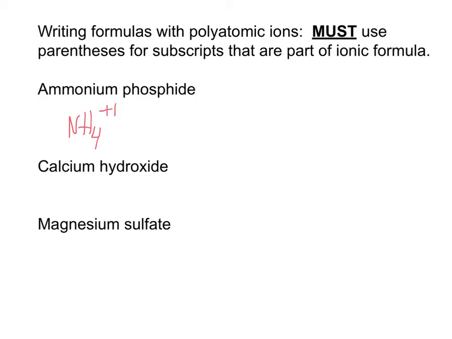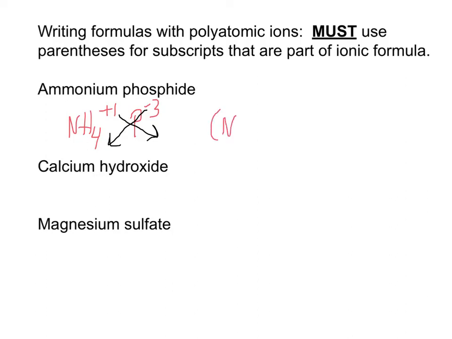And phosphide is P minus 3. We're going to do just like we would with any other of these: write the ions and their charges, and crisscross the charges. Here's where the parentheses come into play. The crisscross is telling us we need 3 ammoniums, so that would be parentheses NH4.